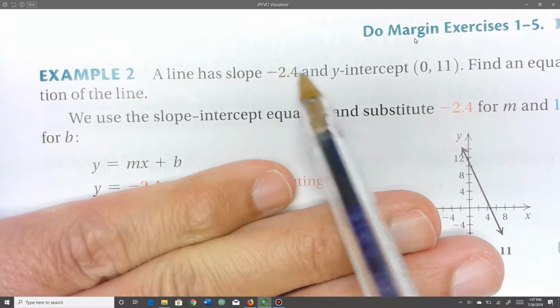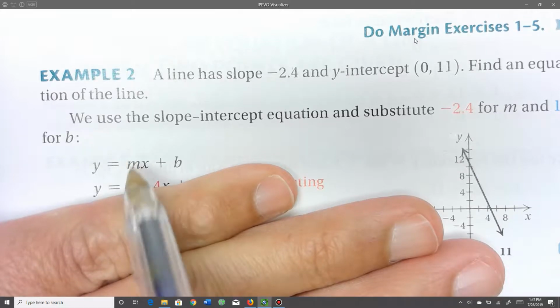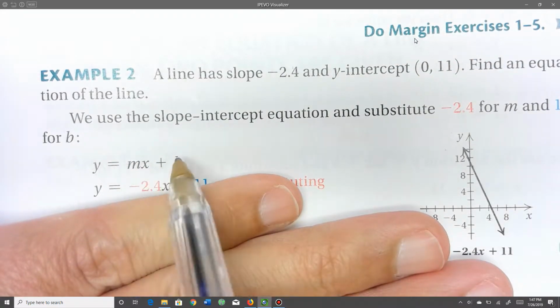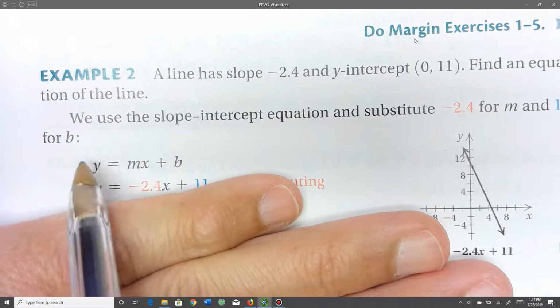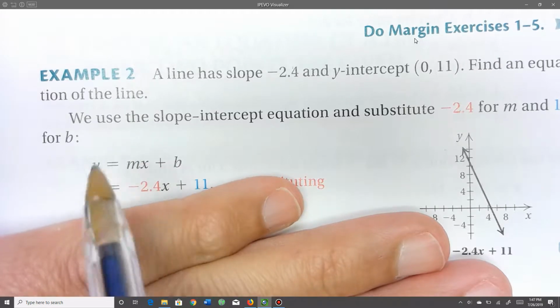And what information do they give us? Well, they give us the slope, which is what we need to change, and the intercept also. See, those are the two things that change. Remember that y and x stay. You do not change y and x; those stay in the equation.